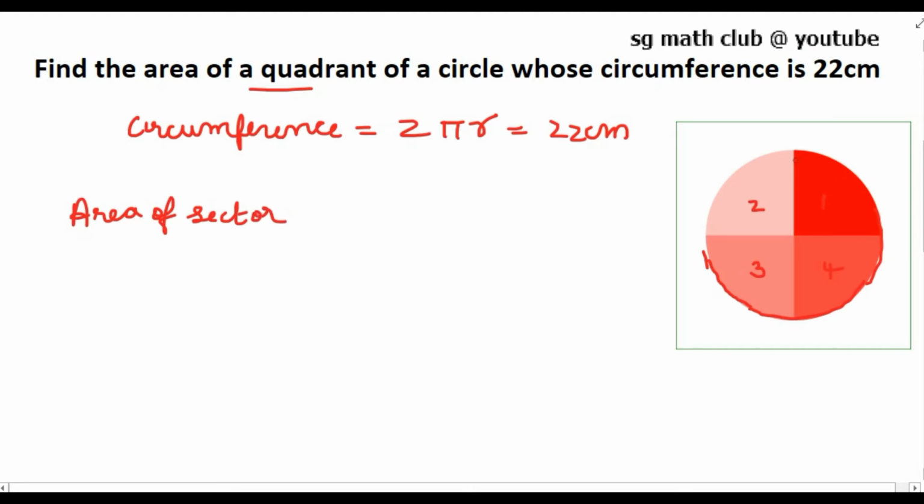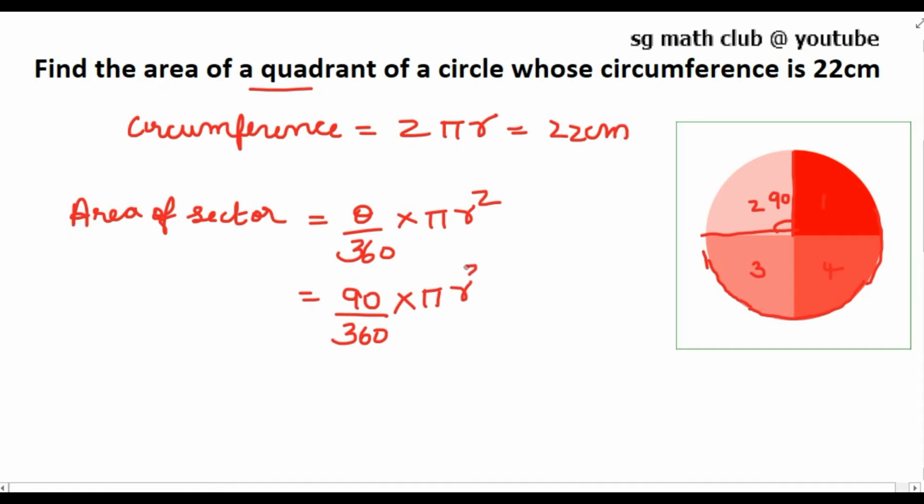We can see that these are two radii of the circle and it is the region enclosed between the radii and the arc, that is the area of sector. It is theta by 360 into pi r square, and here theta is 90 degrees, so it is 90 by 360 into pi r square. We know the angle of the quadrant is 90 degrees, so that is why I have substituted theta as 90. Now r we need to find out from this data.